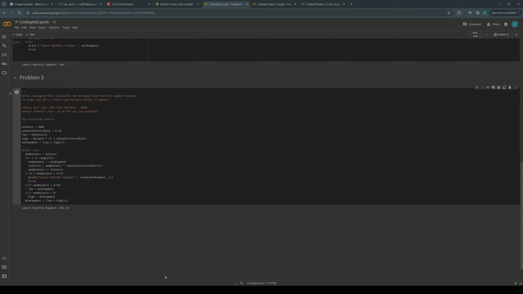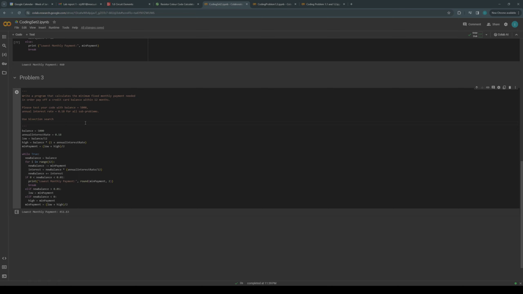My bad. So it says lowest monthly payment $451.63. And it should be $451.63. That was our expected value. So we can add this too. Expected value is $451.63.